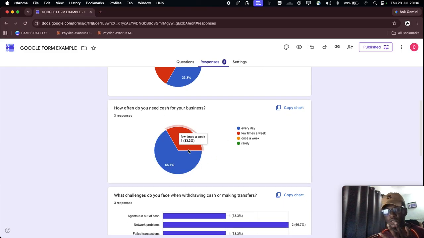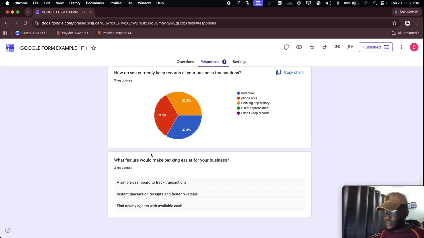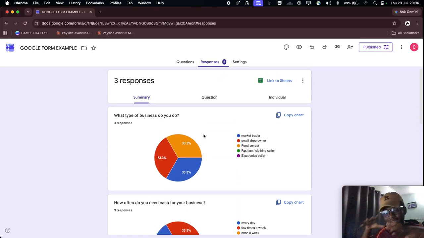From these users I'm designing for, the challenge they're facing the most is network problems, right? And how do you currently keep transactions? You can see that different users have different ways. Some are using notebooks, some are using their phones, and some are using banking app history. Do you get? So this helps you to already analyze.